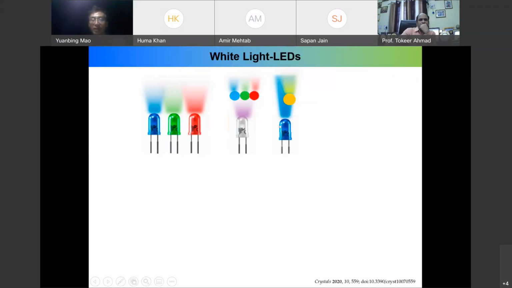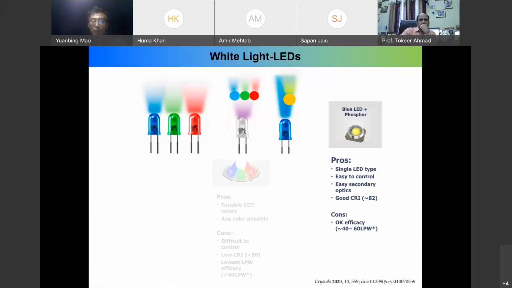And the other design that I showed in the previous slide is with a blue LED, which is then covered with a yellow phosphor, and that also gives out the white light. So both of these techniques have pros and cons.